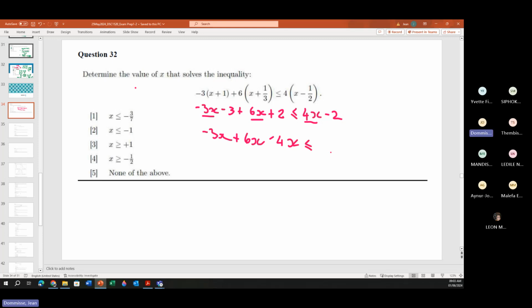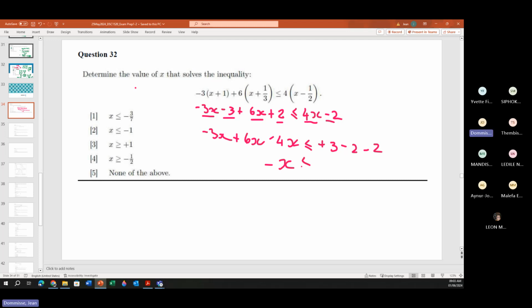Then all the numbers go to the right-hand side, so minus 3 becomes plus 3, plus 2 becomes minus 2, and we've got this minus 2. Minus 3x plus 6x is plus 3x, minus 4x, it's minus x.